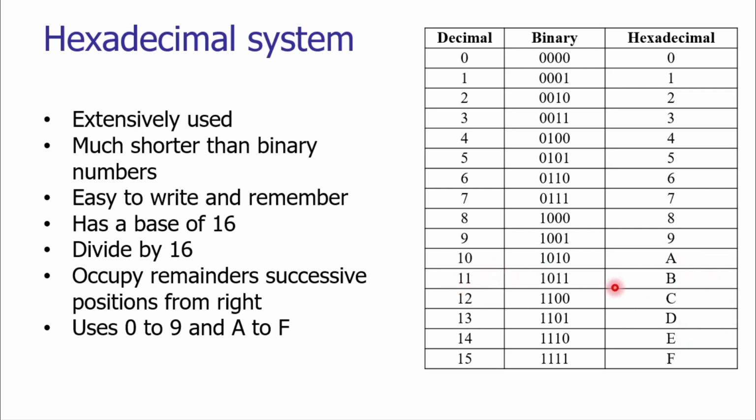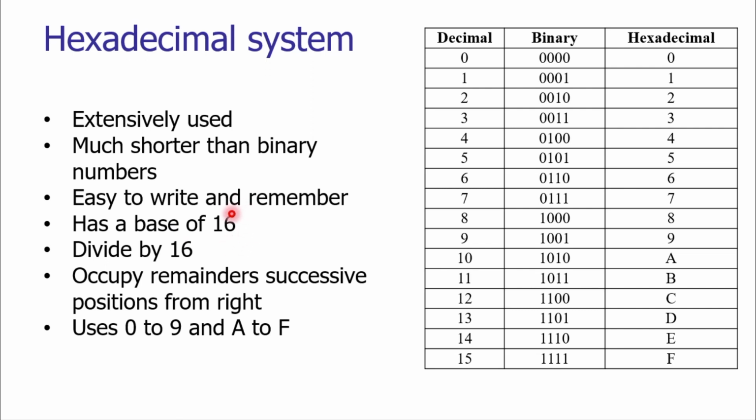If the remainder is 10, the alphabet is A. If the remainder is 11, the alphabet would be B. For 12 it is C. For 13 it is D, and so on. The hexadecimal system is easy to write and remember.